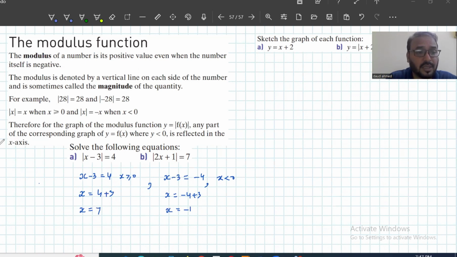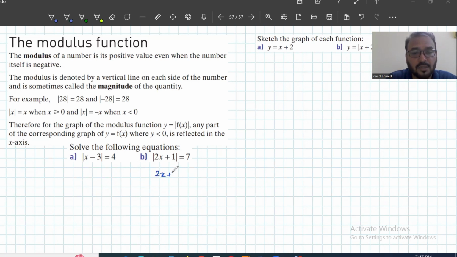Same as we can apply the concept in the second question, which is part b. Again, look, modulus of 2x plus 1 is equal to 7. It is positive only when x is greater than or equal to 0. In this situation, to find the value, just take 1 from left to right, so it would be -1, and then 2x is equal to 6, which is x equal to 6 divided by 2, which is 3.